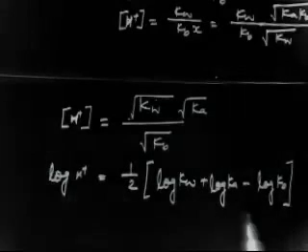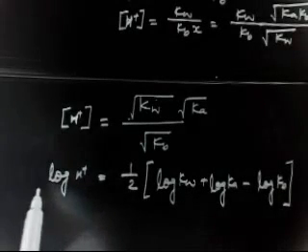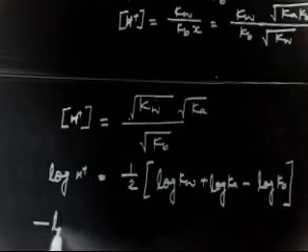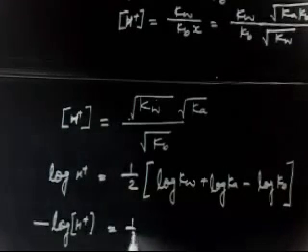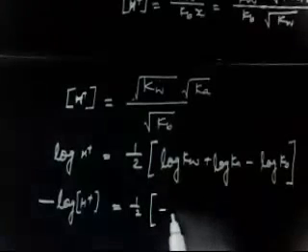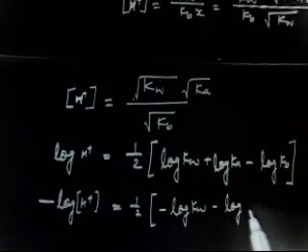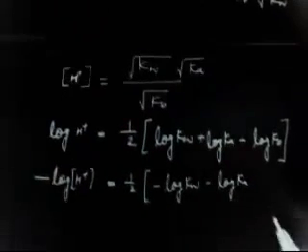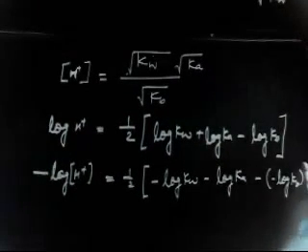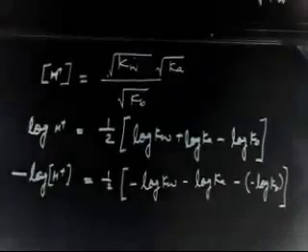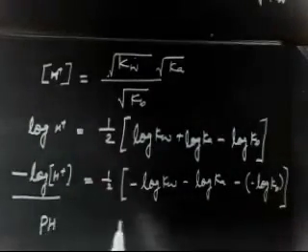Now if you add a minus sign on both sides, let us multiply by minus, so minus log H plus equals half of minus log Kw, minus log Ka, minus of minus log Kb. Basically I have multiplied by a minus sign. Minus of log H plus is nothing but pH.